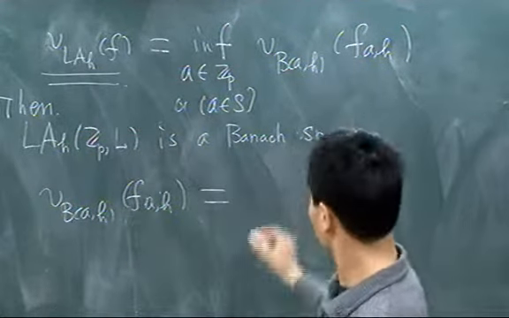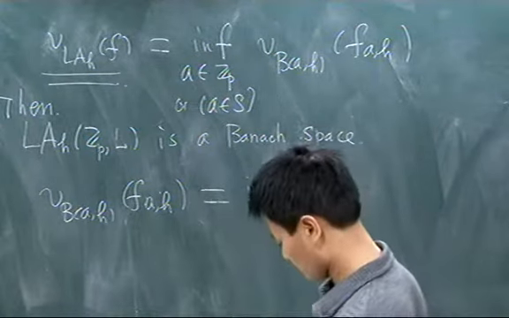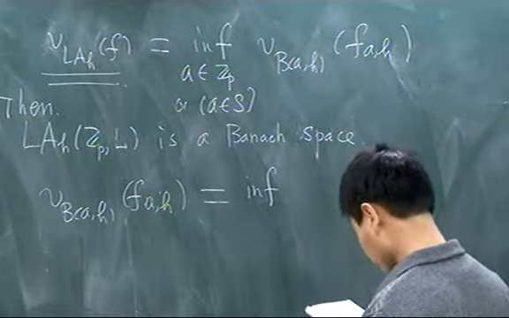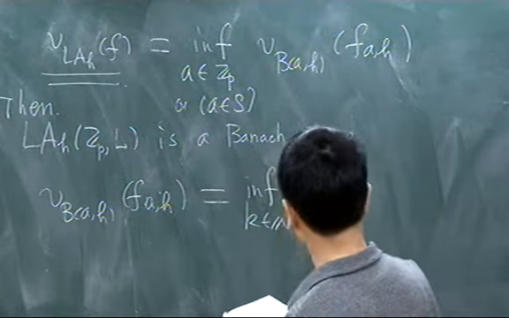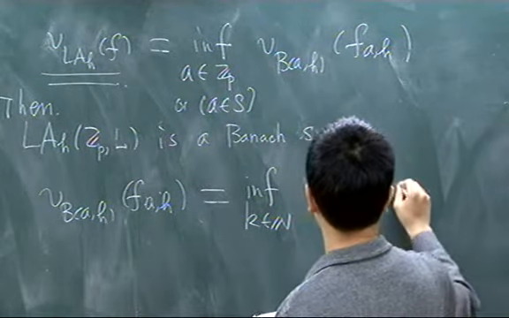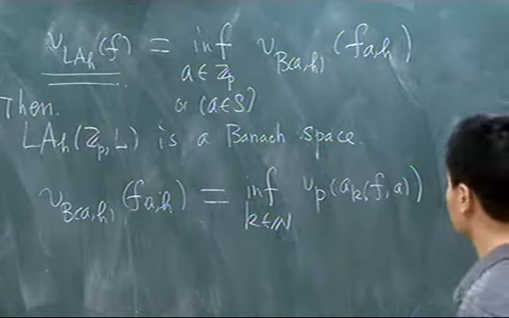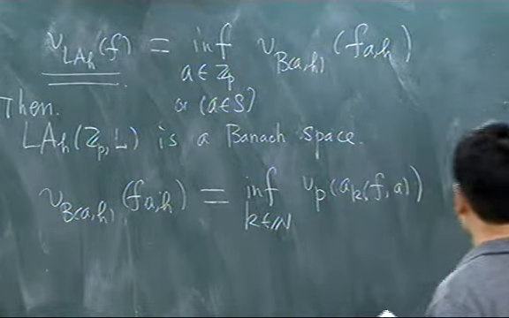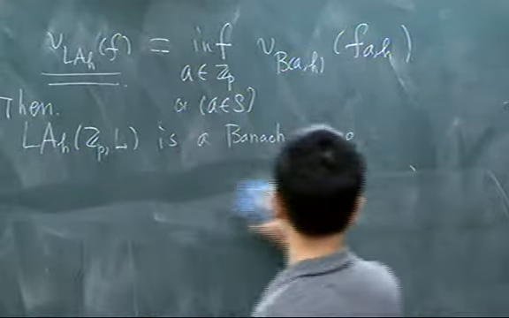By definition, it is the infimum over k contained in N of v_p(a_k(f, a)). So this is a Banach space.